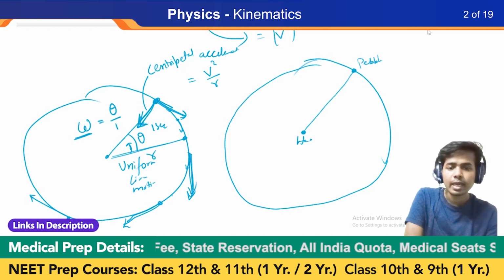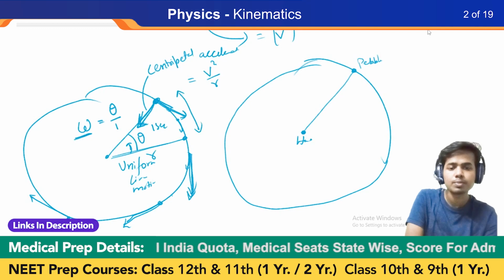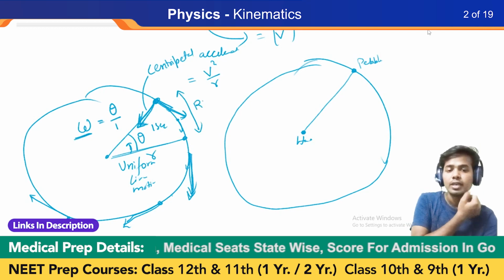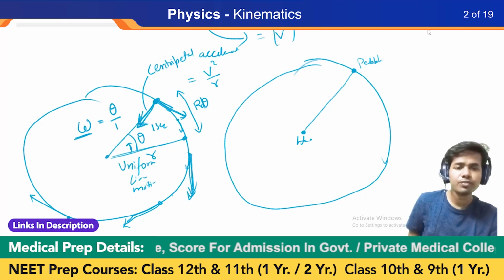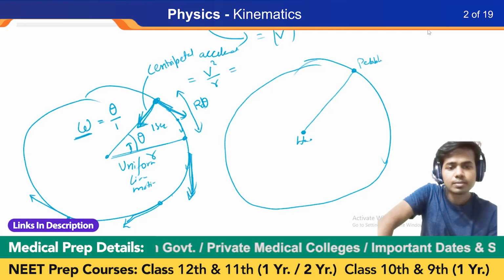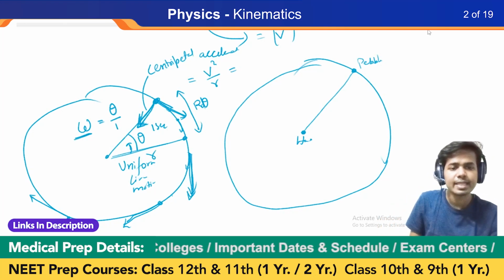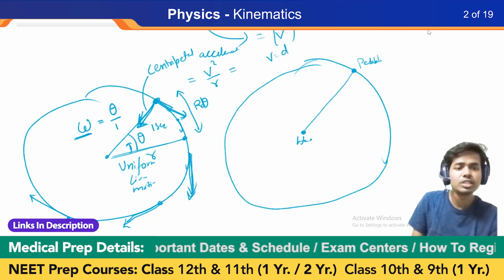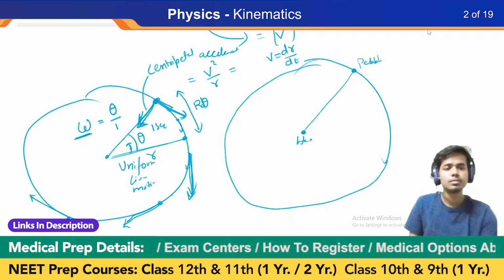Since you know that for small distances, for small parts, it is equal to r d theta, we can write v square is nothing but... and what is exactly v? v is actually equal to dr divided by dt, right?